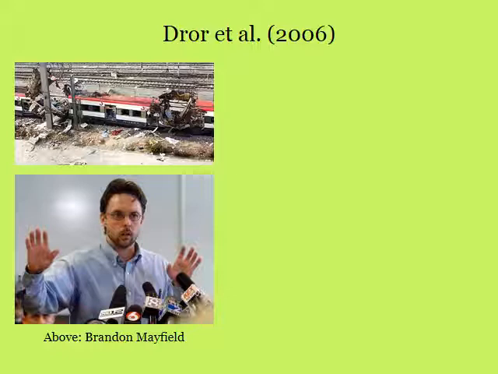What they concluded, among other things, is that confirmation bias played a role in this decision. You see, when they compared Brandon Mayfield's fingerprint against the fingerprint found on the train, they also had some other information about Brandon. For example, they knew that Brandon was an attorney and that Brandon had recently defended suspected terrorists.